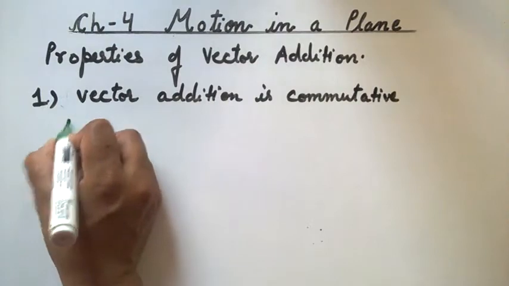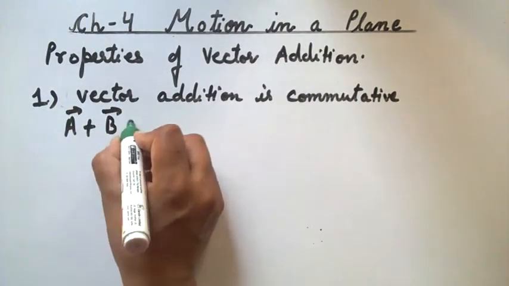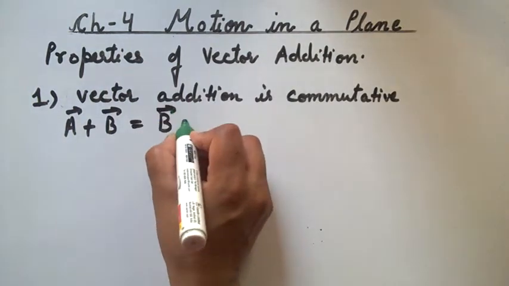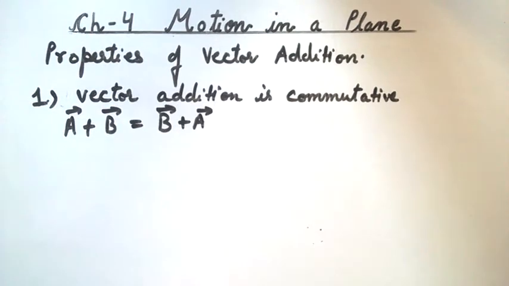That is, when we add A vector and B vector, it is equal to B vector plus A vector. We can see it also in a parallelogram.